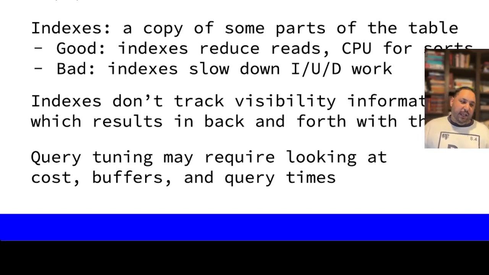And the other part, again, is query tuning in Postgres, that art versus science argument. The big thing is it really takes looking at the cost to understand why Postgres gets the answers it does and why it's choosing what it chooses. Looking at the buffers sometimes to understand what is the actual work that happened under the hood. But because the buffer information can be possibly misleading if you don't quite understand what's going on with those numbers, you also have to look at query times, just to be 100% honest.